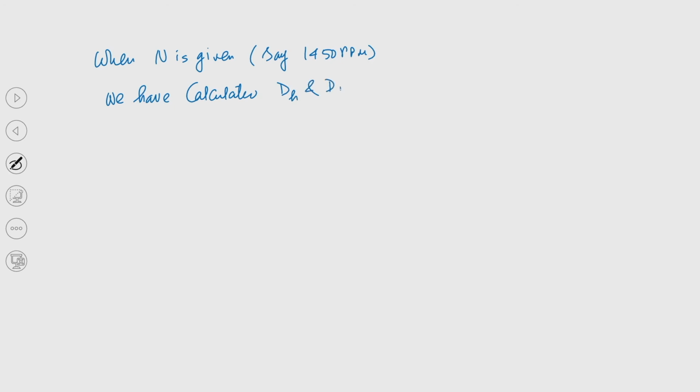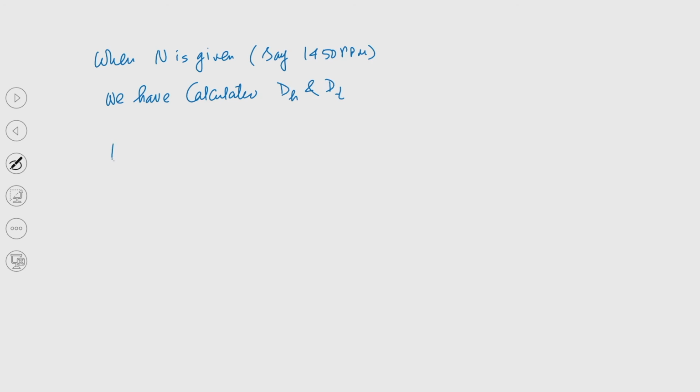So, now when N is given, right, say 1450 RPM, we have calculated dh and dt from the previous slide.